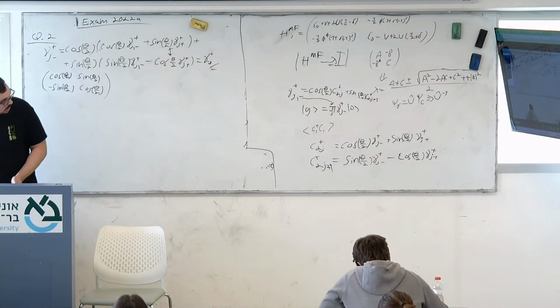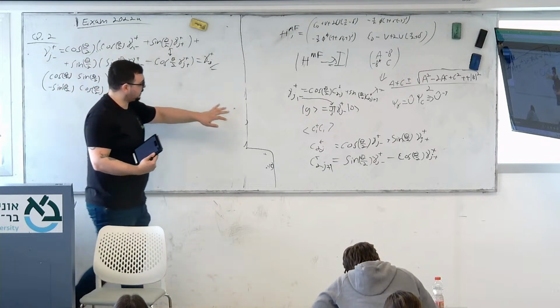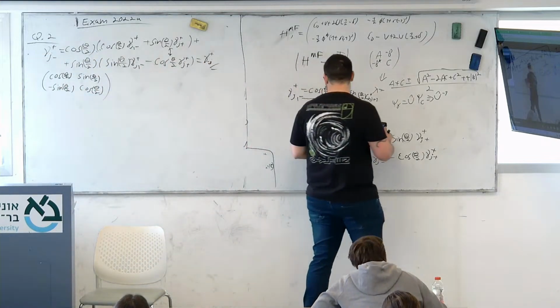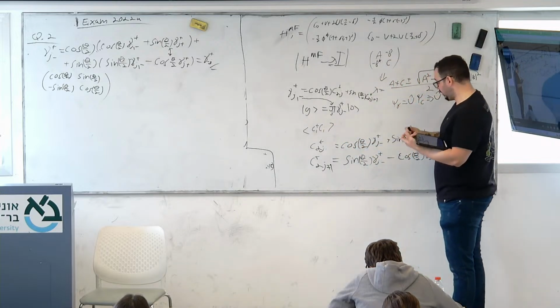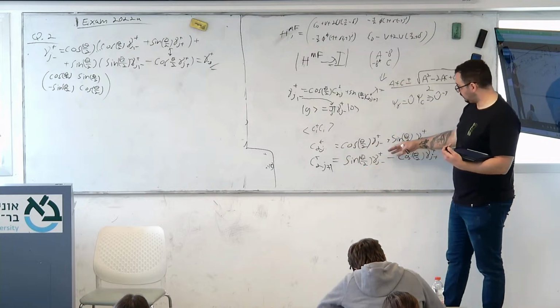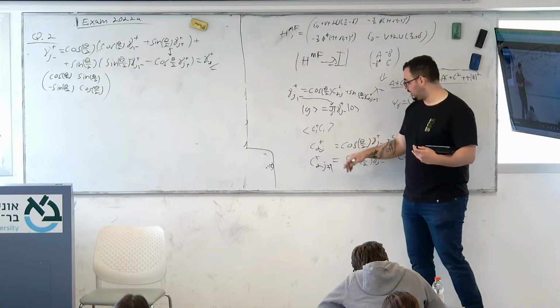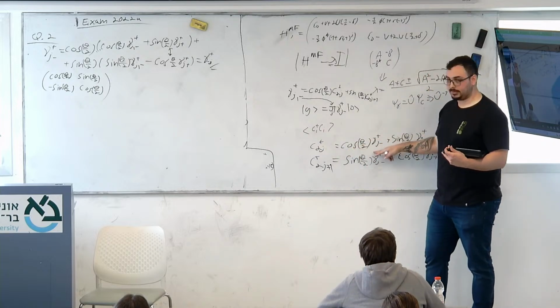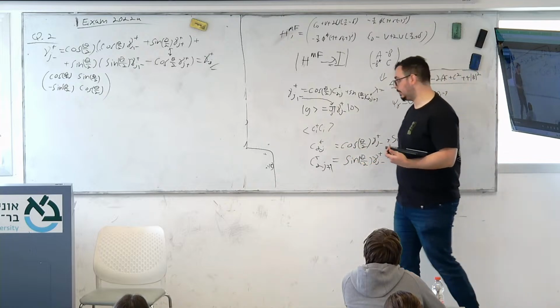Okay. So now that we have this transformation, all these expectation values become simple. All we need to do is insert this transformation, and we'll note that when I is even, only the cosine term will remain, and when I is odd, only the sine term will remain.